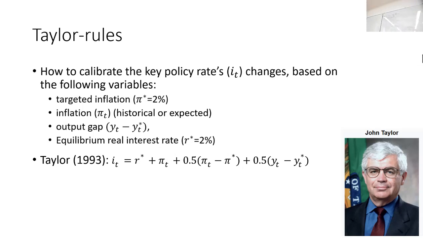If we are in an overheated stage, so this one is positive, then we should increase the interest rate. Also, if we have higher inflation than the target, we should increase the interest rate, and if we have high inflation, then we should increase it more. And at the end of the day, this will define the level of the interest rate.